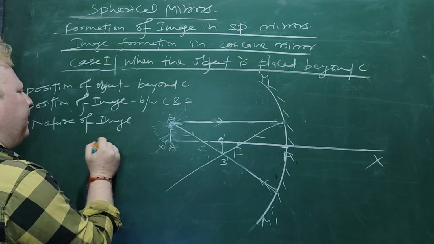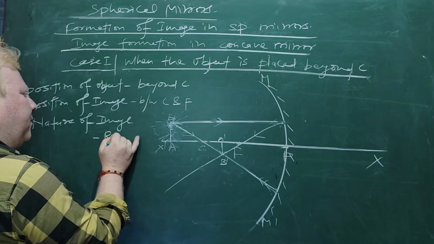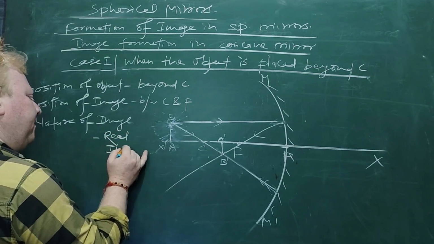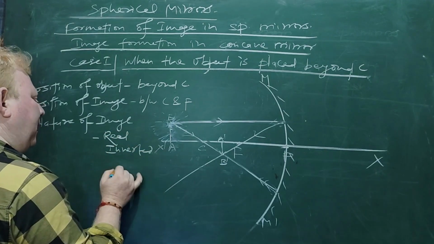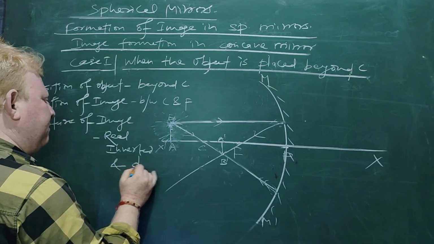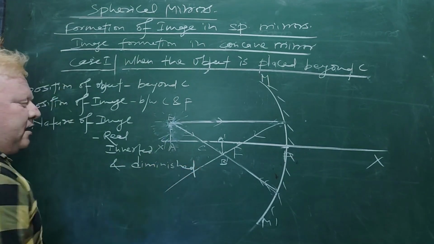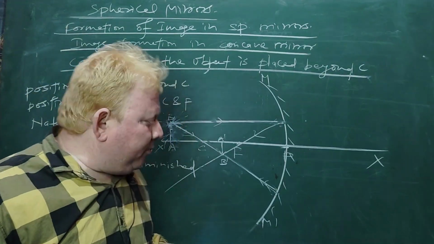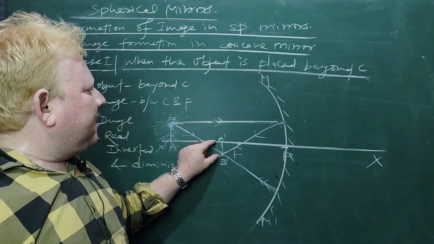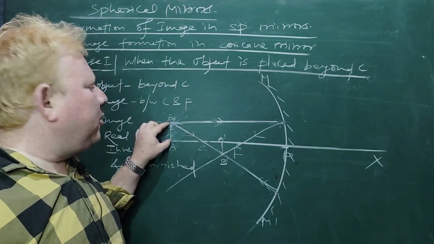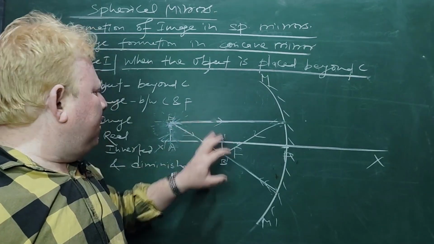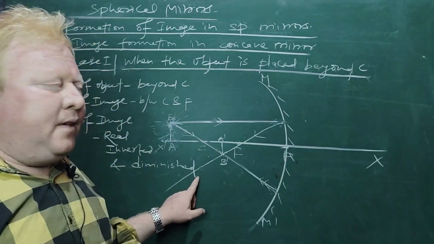So the nature of image is real. Of course, real है तो inverted and diminished बच्चों, है ना? Diminished. Don't say highly diminished. Why? Because this is not a point size. This is comparatively smaller as compared to the object. So here you can use the word diminished, right?